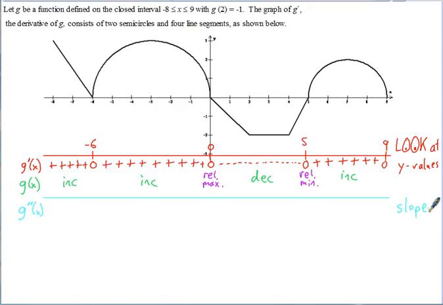So we can see the slope starts out being negative until we get to -6. And at -6, we've got a corner there. So there the slope, you could either say is undefined or does not exist. And then from -6 to -3, you can see the slope is positive. Notice it tells you it's a semicircle.